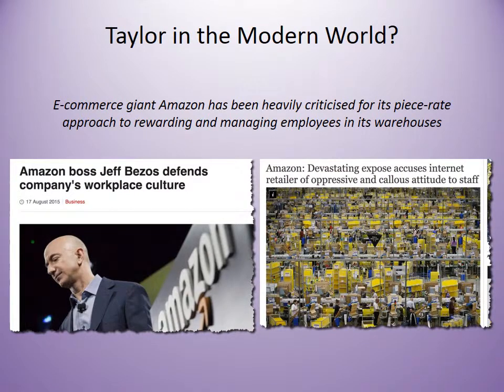Like I said, Taylor in the modern world doesn't really exist. We are actually getting a lot more piece rate approaches coming through, but are they that popular? In today's workplace, a lot of people aren't really happy with this.